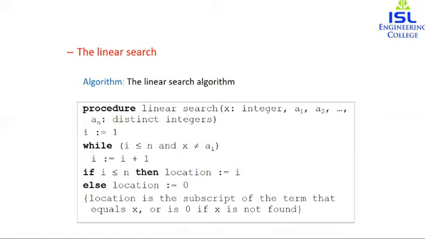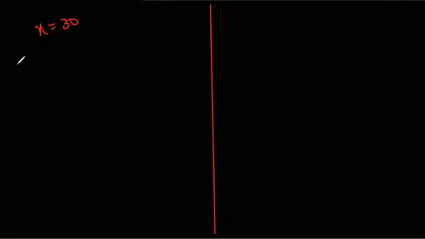For linear search, first let's take an example. We are trying to search for X equal to 30. So we are trying to search for the element 30 in the list. And what is our array?